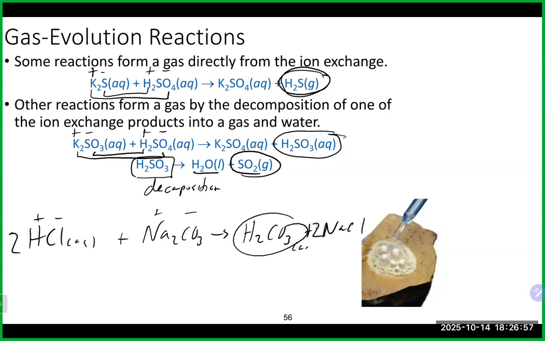This carbonic acid will decompose super quick into water and CO2, and you would see that kind of fizzing, pop, pop, fizz, fizz. Like when I put the baking soda on some acid spill in lab, you see it start fizzling up and stuff like that. So that will happen really quickly.